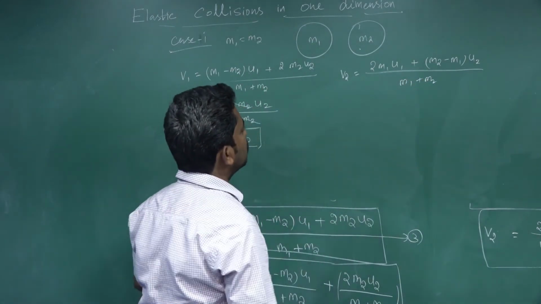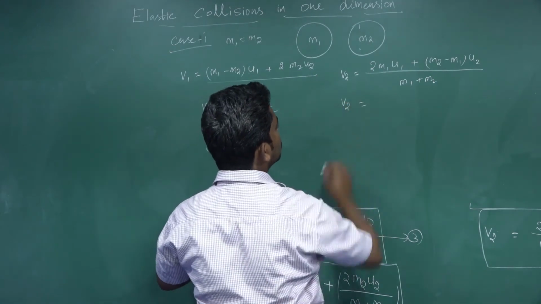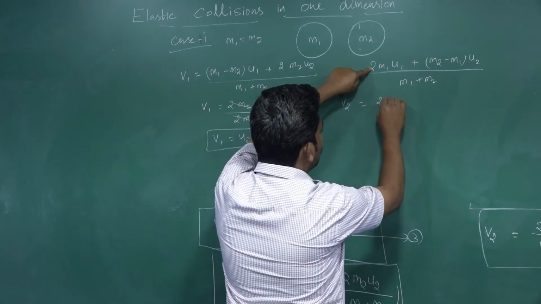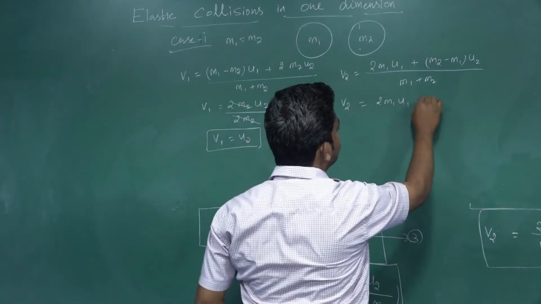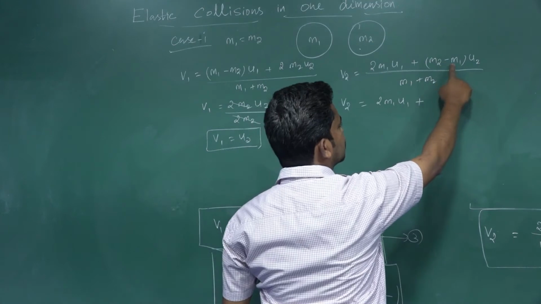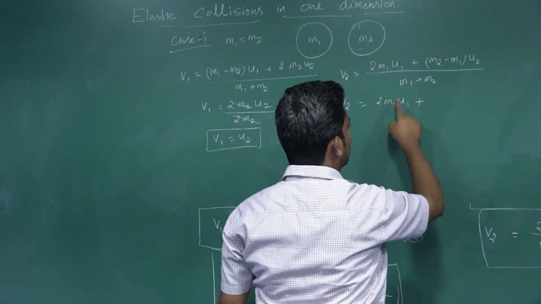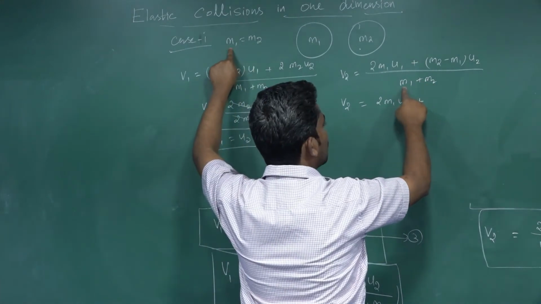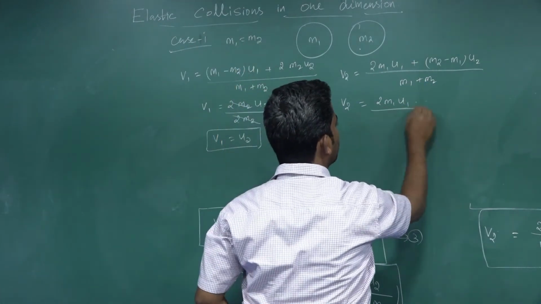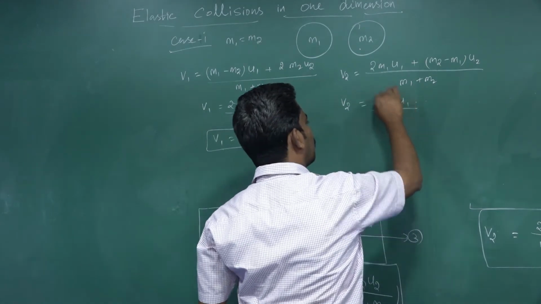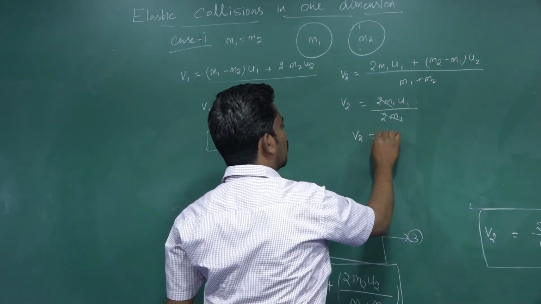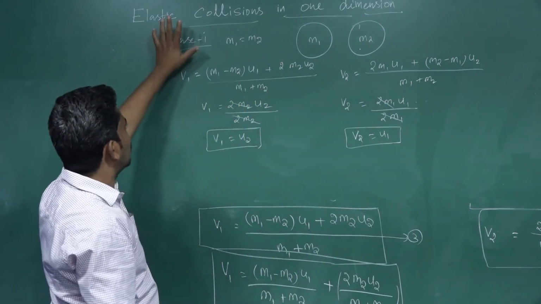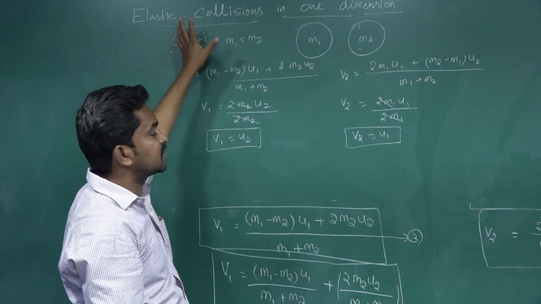Condition m1 equal to m2: so here 2m1 u1 plus (m2 minus m2), so that term is 0, divided by m1 plus m2, which is m1 plus m1, equal to 2m1. The 2m1 cancels, so v2 is equal to u1. So in case 1, when the masses of the two elastic bodies are the same, v1 is equal to u2 and v2 is equal to u1.